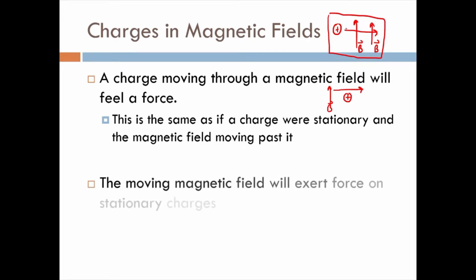So using the right-hand rule, we can say that the moving magnetic field will cause a force on stationary charges. So if I move a magnetic field past a charge, I can use the right-hand rule to determine how those charges will be pushed based on the movement of the magnetic field. And this is how we can actually create electricity using a magnet.